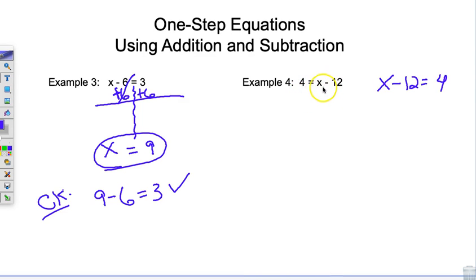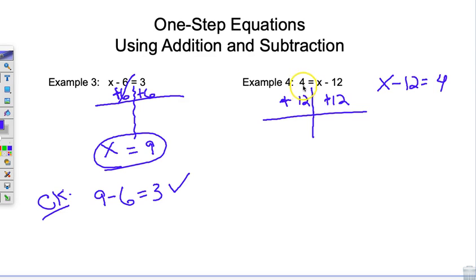So I know that here's my variable. I'm taking away 12 from it, so I want to do the opposite. Instead of subtracting 12, I want to add 12 on both sides. So I'm going to put that in on both sides. Remember that the equal sign is where it separates into two parts, the left side and the right side. I'm just going to draw my line like I did over here.